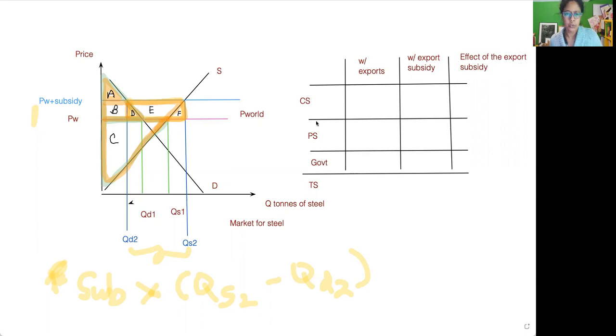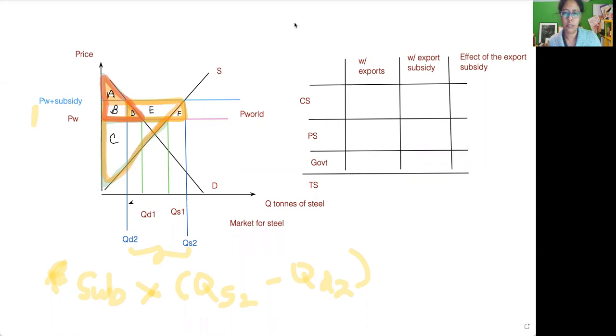Right. So consumer surplus with exports, everything below the demand curve. That doesn't hurt to just keep going over it every time. Use my red here. Everything below the demand curve, but above the price they pay.